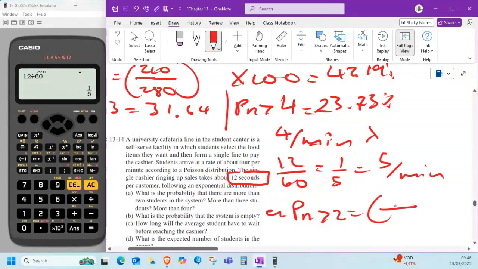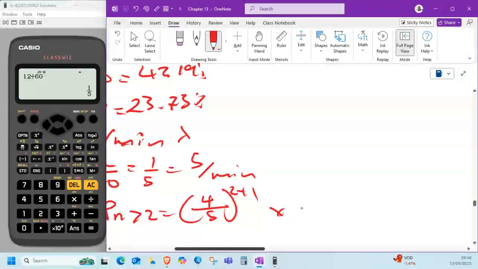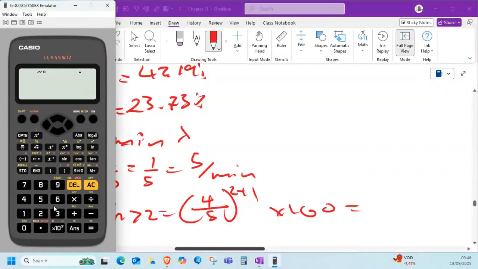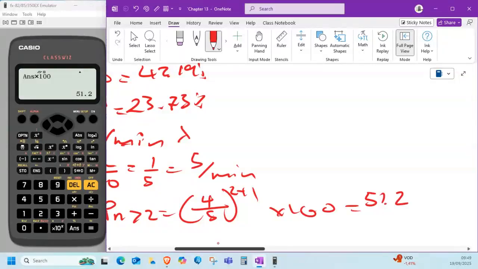You remember the formula, I just did it now, and this one is 4, that one is 5, and then 2 plus 1, multiplied by 100 equals to, go to your calculator, 4/5, 2 plus 1. 51.2.